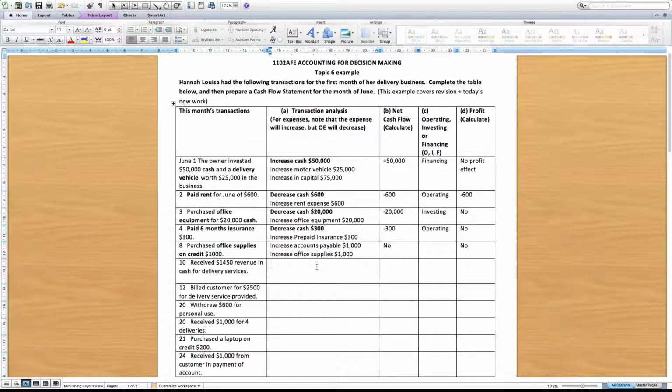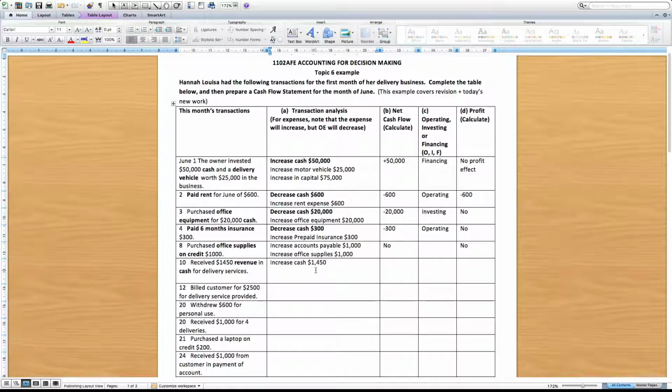Moving on to June 10, we received $1,450 revenue in cash for delivery services. So we're receiving cash, which means an increase in cash, the amount $1,450. And our number 2, remember, we're always looking for our second effect, our second item. It's revenue.